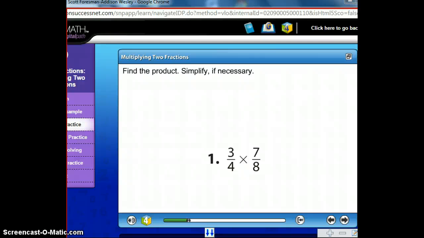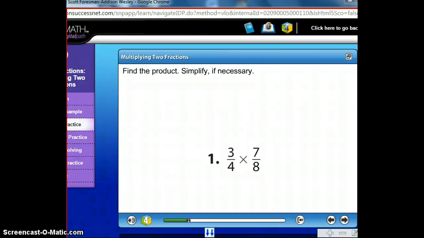Page 280. Guided practice number 1. 3/4 times 7/8. Can I go right ahead and multiply across? Absolutely I can.